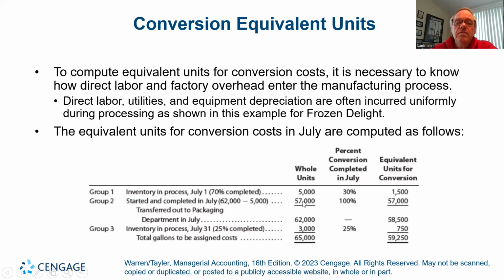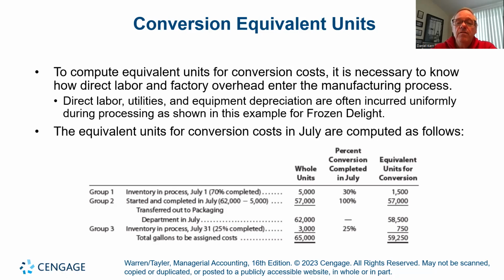Started and completed was still 57,000, so those are 100% complete with regard to conversion costs. The ending work in process is 25% complete, so 25% of 3,000 gives me 750. So the equivalent units for conversion costs here are 59,250.